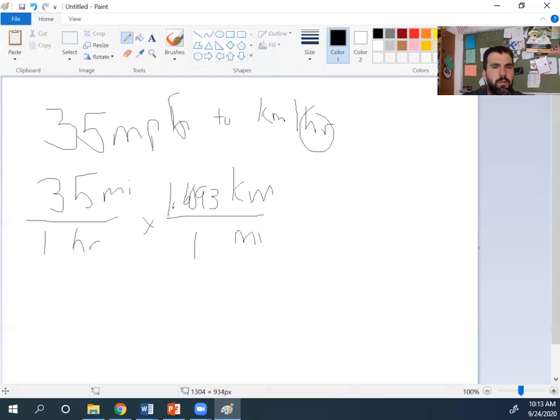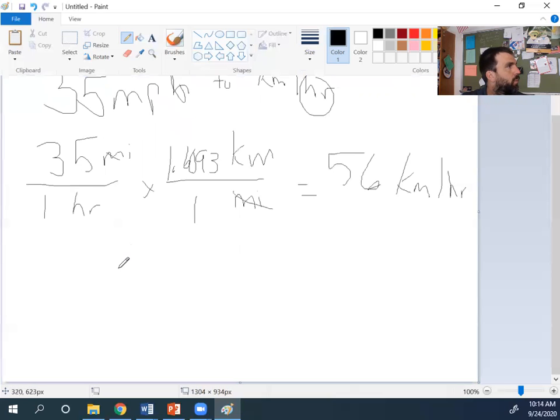So my miles cancel, and now I'm going to be left with kilometers on top, hours on the bottom, so kilometers per hour. So 35 times 1.6093, I get 56.3255. I need two significant figures. So 56 kilometers per hour. Everyone, y'all understand how we're doing it that way?